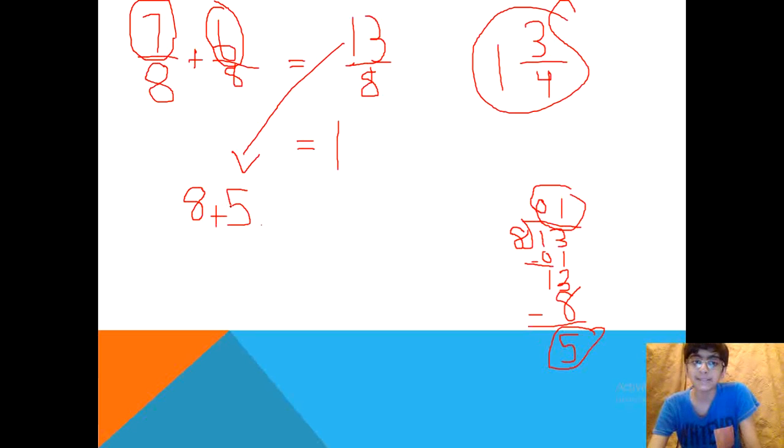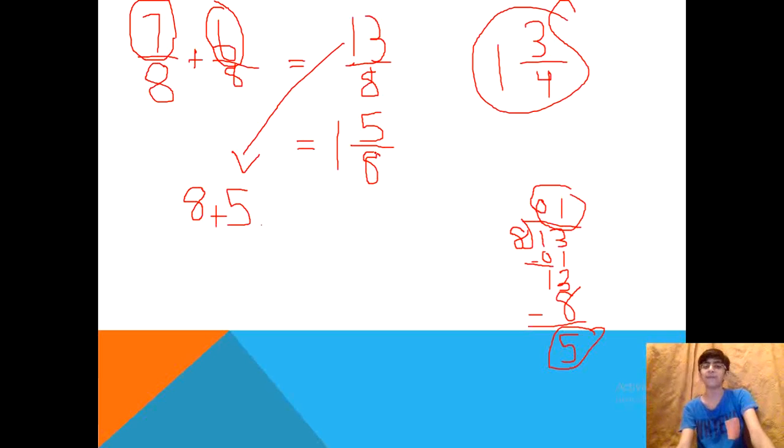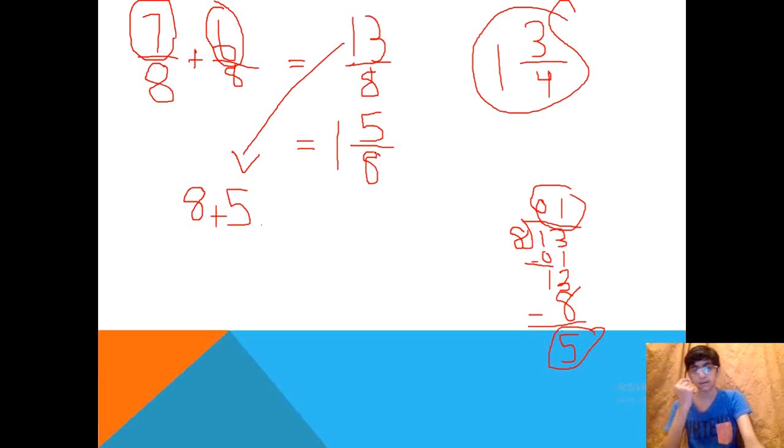So that is the numerator which we will have now, because this 8 is converted into 1 as the whole. Next we will write 5 as the numerator and then 8 as the denominator. The denominator will not be affected, but the numerator will surely be affected and a whole will be added. So this is the answer to this question.